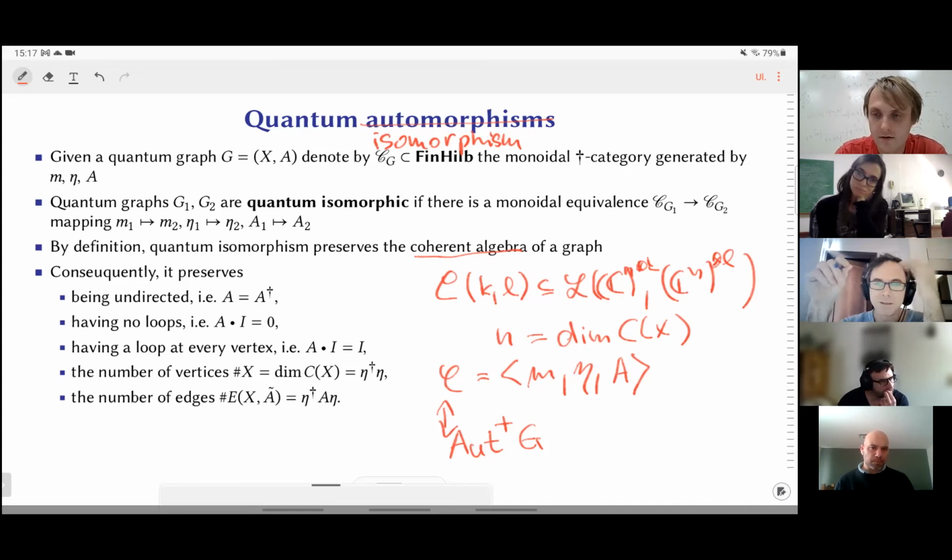So in that picture, do you think that maybe it could be convenient to consider weak Hopf algebras with basis the underlying classical graph instead of usual Hopf algebras?